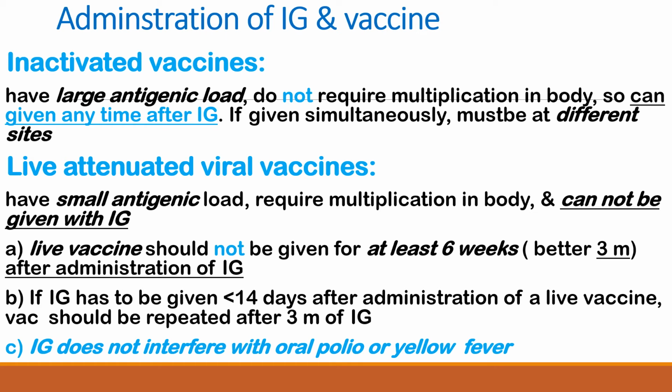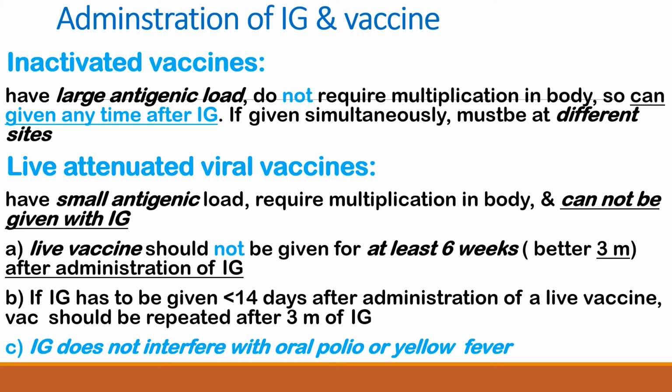So inactivated vaccines are given at any time after IG, and if given simultaneously, must be at different sites. Live attenuated viral vaccines have a small antigenic load, require multiplication in the body, and cannot be given with IG.